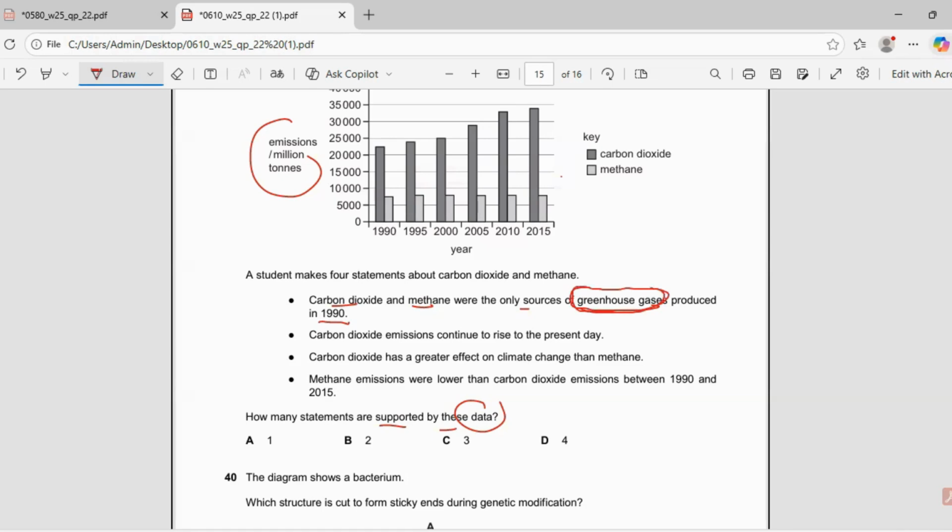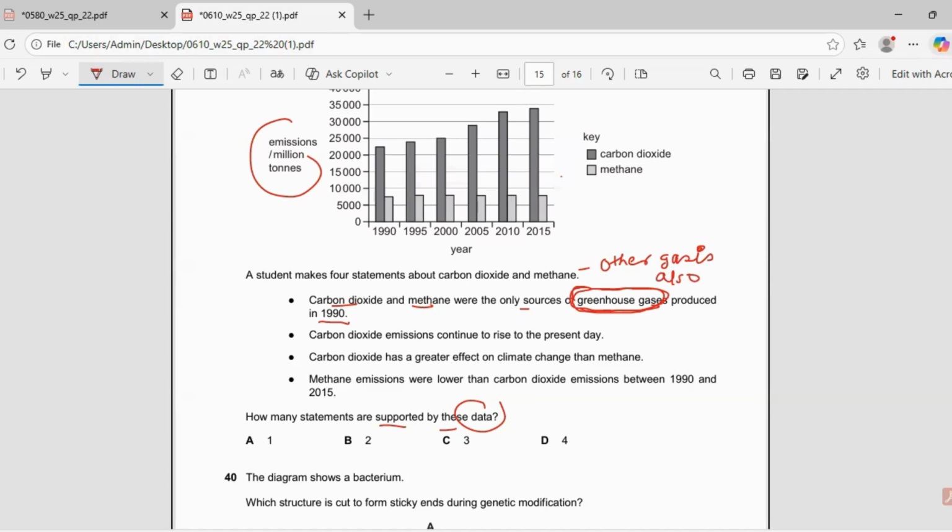This is a little contradictory. They do not say they are the only greenhouse gases. There could be other gases also. But here they have only shown methane and carbon dioxide. So there are other gases also which could show greenhouse effect.